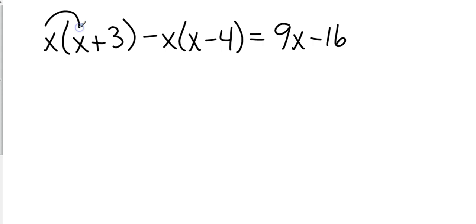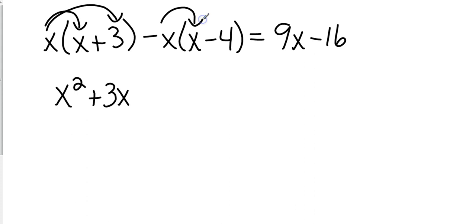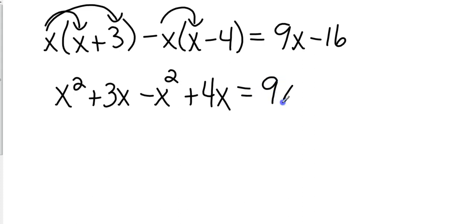We're going to take x times x, which is x squared, and then x times 3, which is 3x. Then over here we have negative x times x, which is going to be negative x squared. And then we have negative x times negative 4, which is going to give me a positive 4x. And over here we don't have any parentheses, we just have the 9x minus 16.